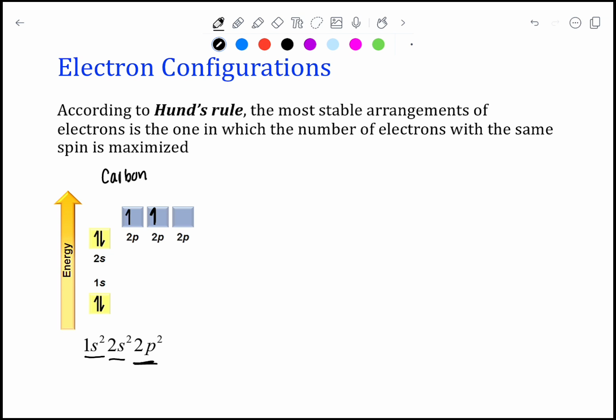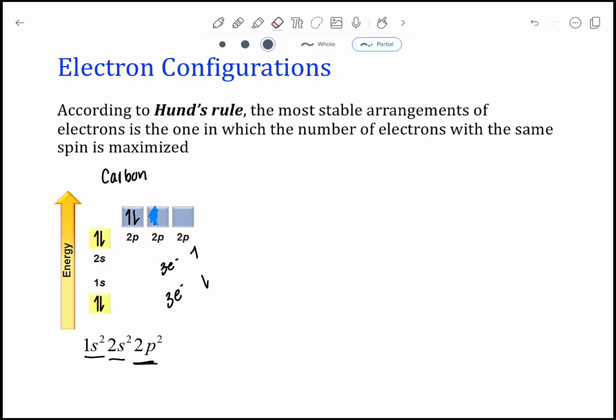Now I could have, let's cover this up real quick. I could have added the electron there, okay? But based off of Hund's rule, that would not be maximizing the spin. So in order to maximize the spin, we want as many electrons to have the same spin as possible. So if we look at it this way, we have 3 electrons that are having a positive spin and 3 electrons that have a negative spin.